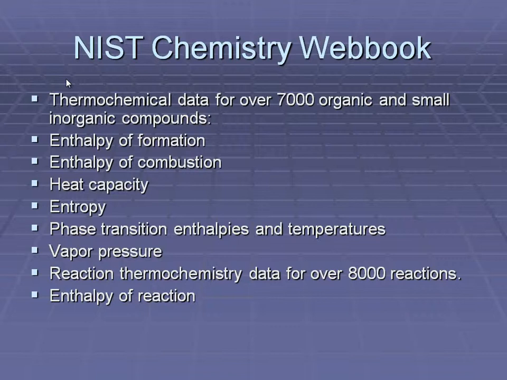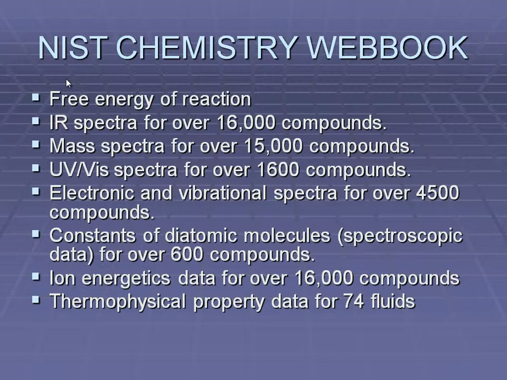Again, it's thousands of compounds out of the 88 million or so that exist. It gives you enthalpy of formation, enthalpy of combustion, heat capacity, and so on. Some more data that it has there: infrared spectra, mass spectra, vibrational spectra, and so on.